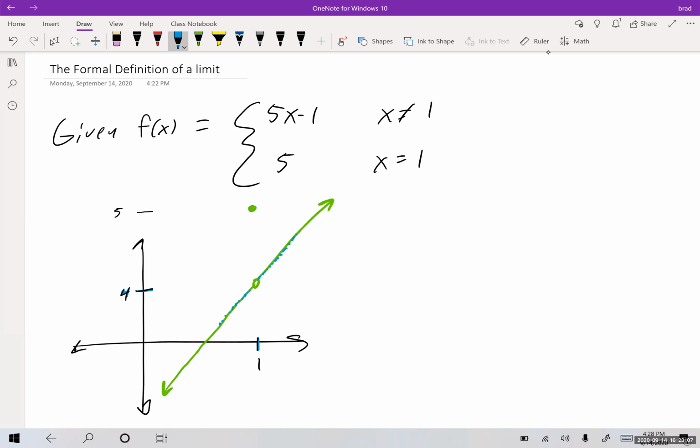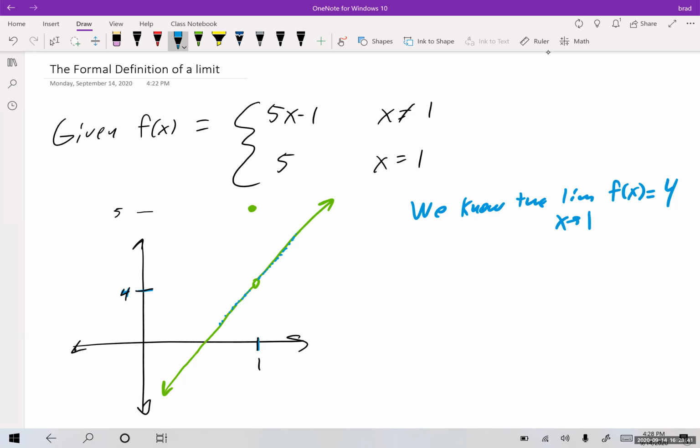So what we're going to do is we're going to say, let me see how we can talk about this. Let's first say we know the limit, okay? I want to write this in blue. We know the limit as x approaches, let's say 1, of f of x is equal to 4, right?